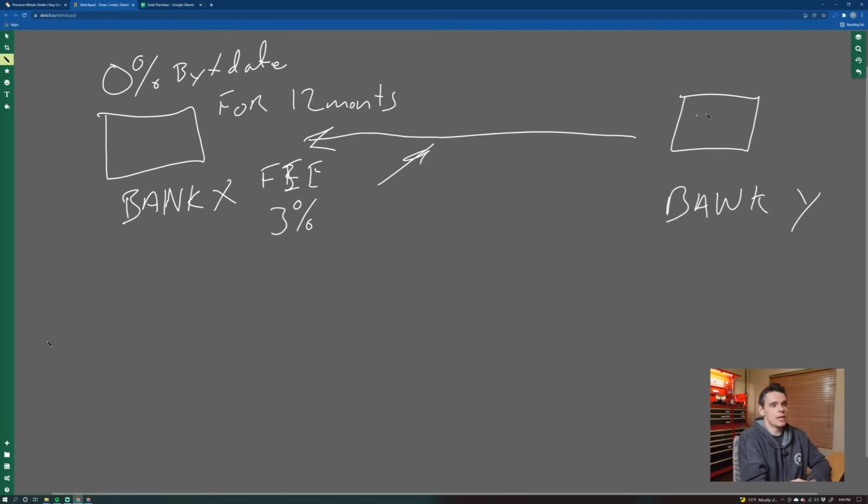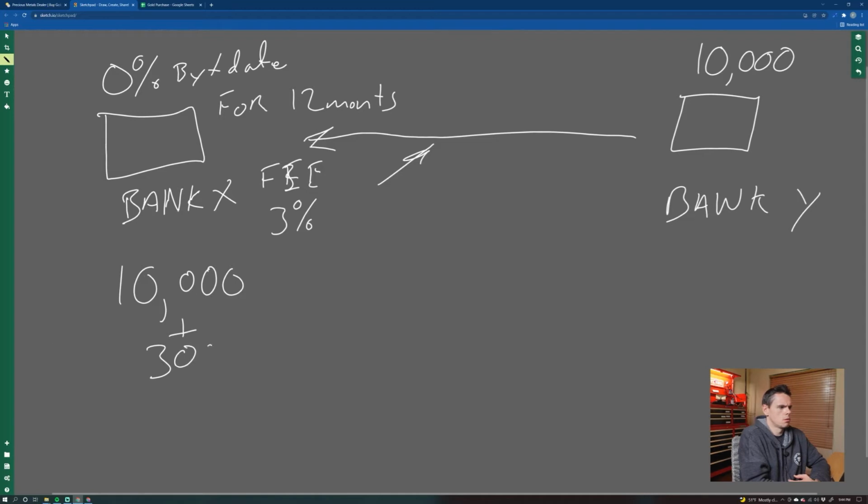So if you take, let's just use for nice numbers, $10,000, and I wanted to do this method, I have a $10,000 transfer. I'm going to transfer it over here. There's going to be on this new credit card, I have $10,000 plus the 3% of it, which being $300, right?